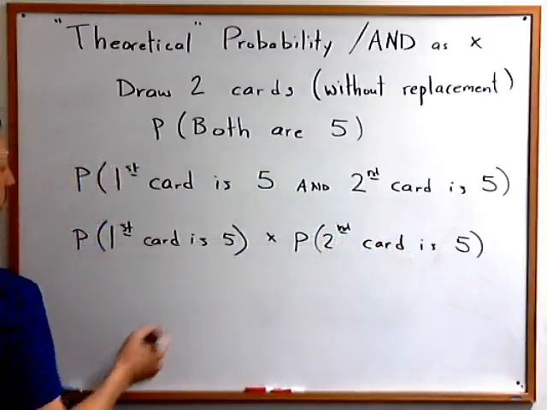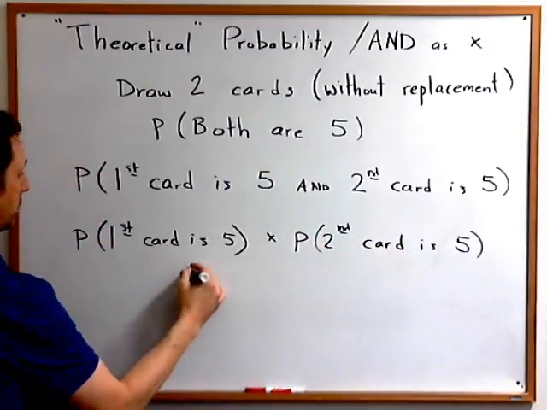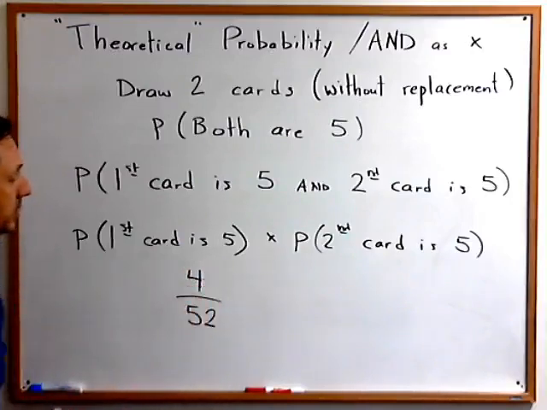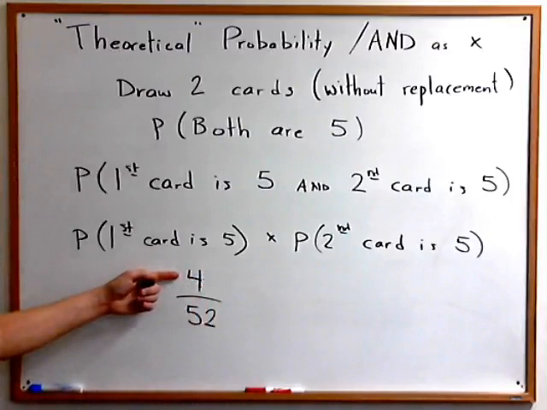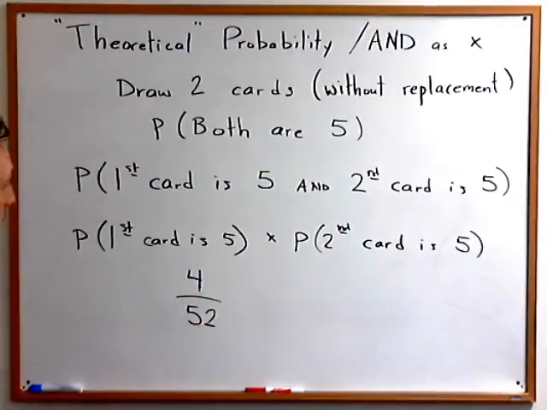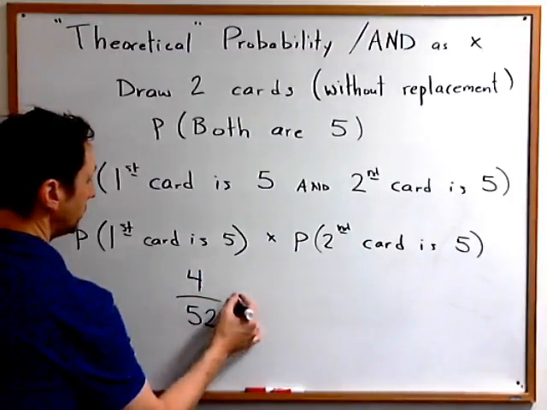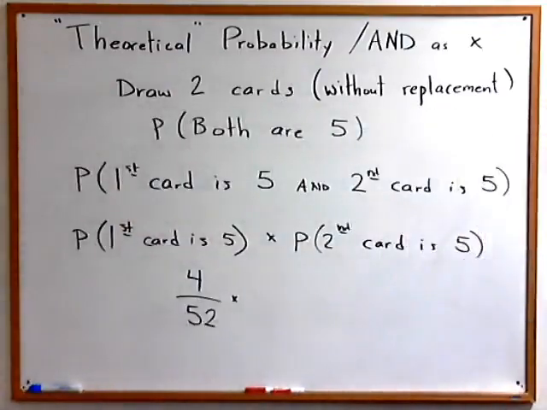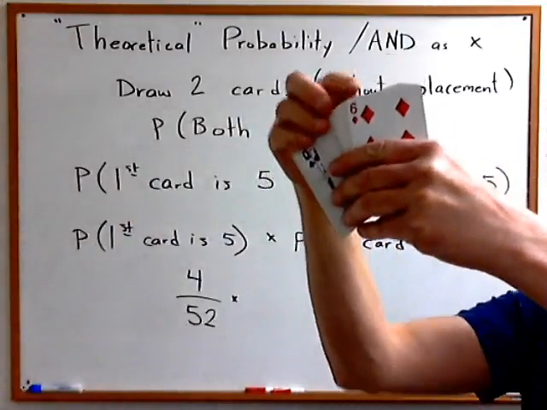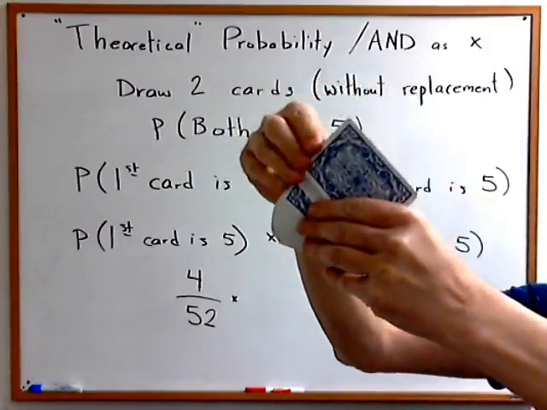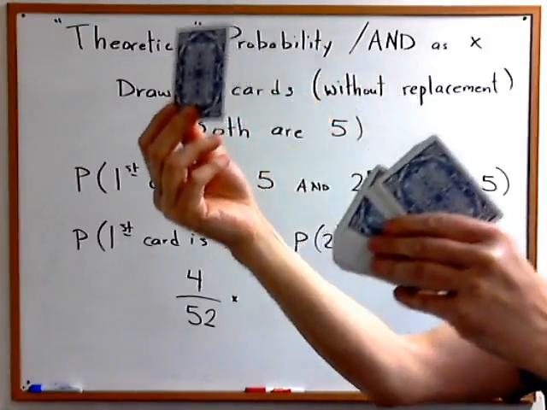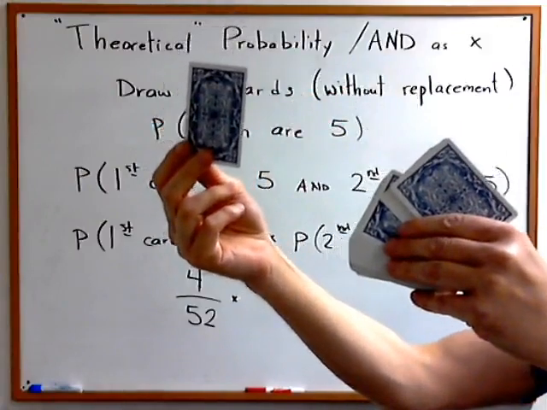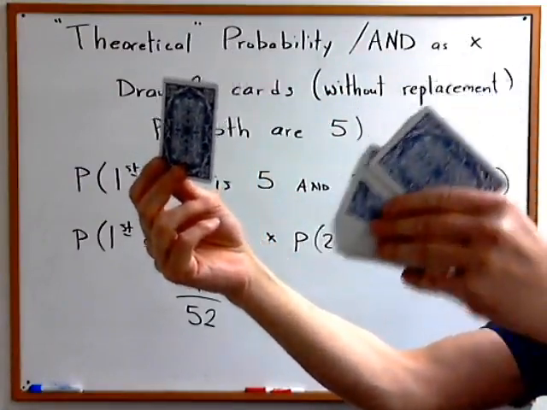So the probability that the first card is a 5, as we discussed before, is 4 out of 52, because there are 4 5s out of 52 cards. However, now that I have picked a card out of the deck, and assuming that it's a 5, of course, how many cards are left in the deck?